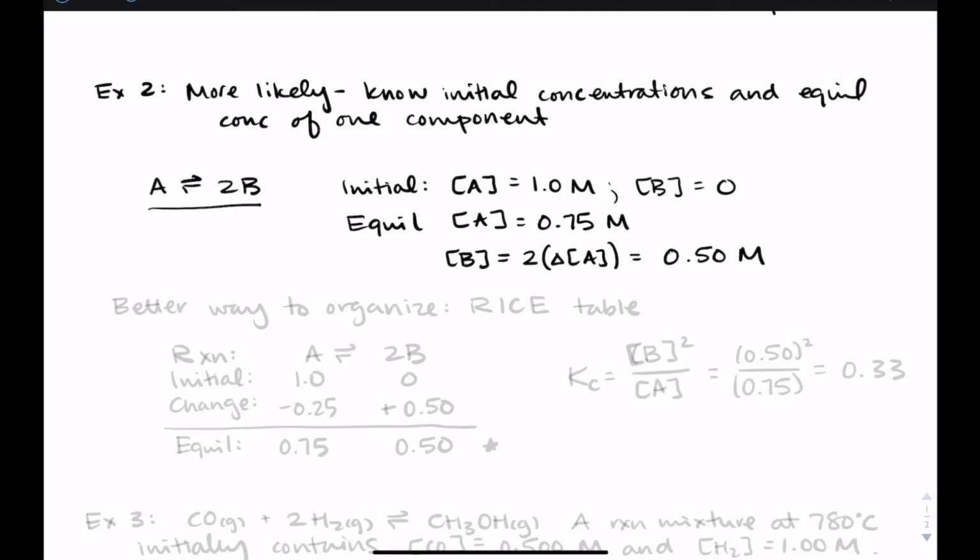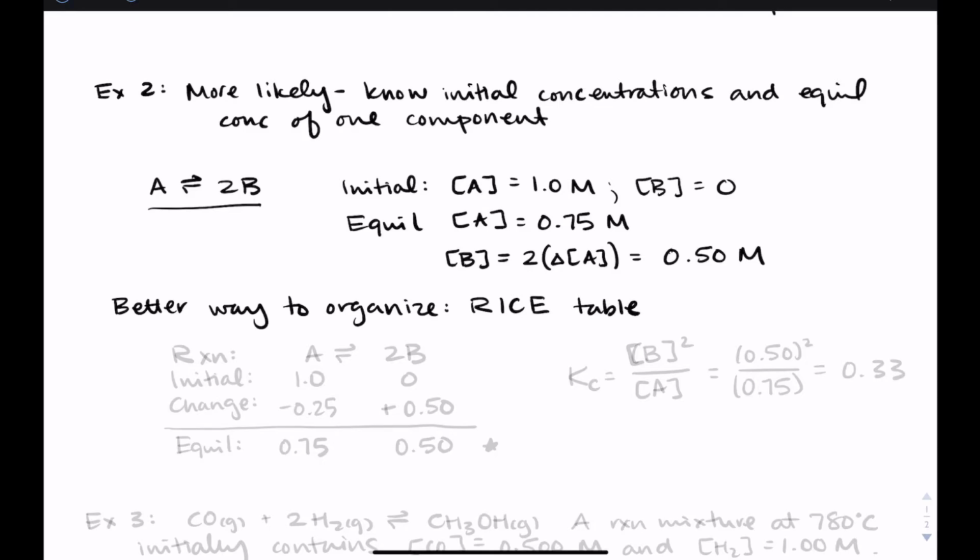Now, there is a better way to organize this. It's going to be in something called a rice table. You might have heard it called an ice table before. It might feel like overkill for some of the problems that you do, but organizing things in a rice table, it may be extra, but I don't think it could ever be wrong unless you're just not dealing with an equilibrium.